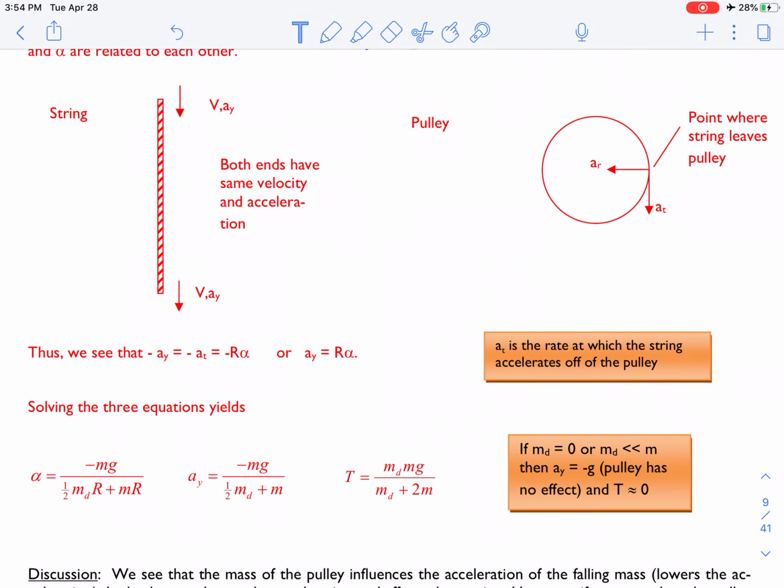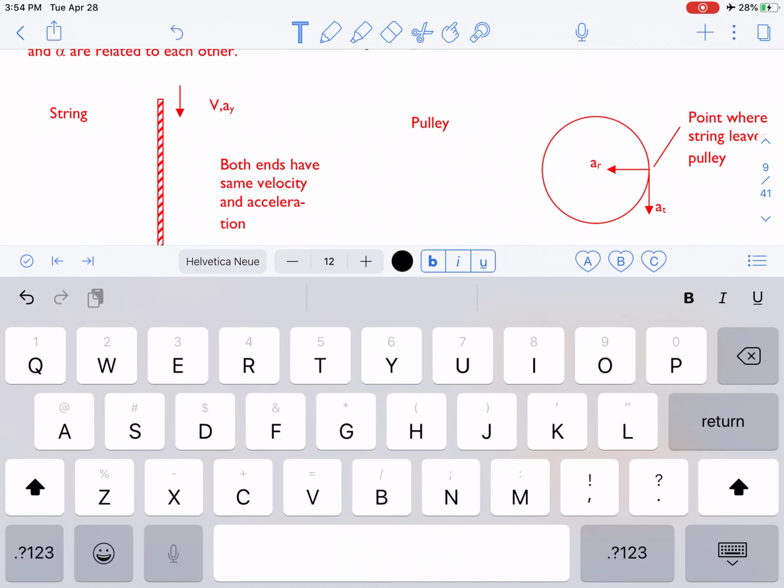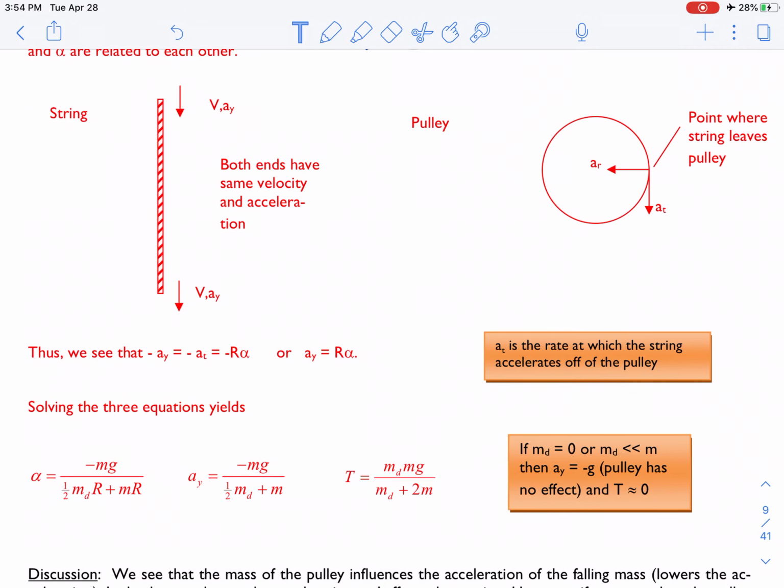So what we have is that a_y is, first of all, the same thing as a_t, the tangential acceleration. They're both negative. And that's going to be equal to R alpha. They're also negative. The linear acceleration has a relation with alpha in the form of R alpha.